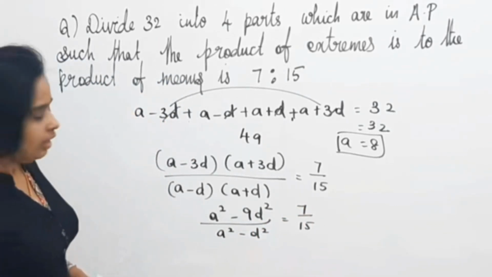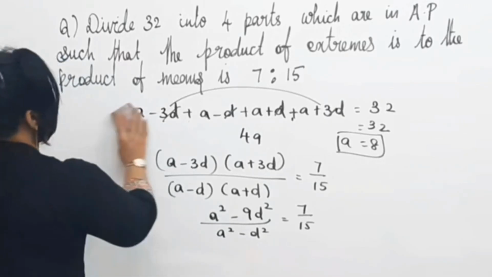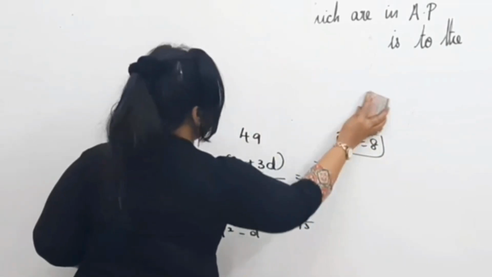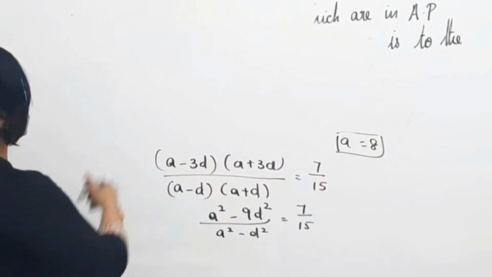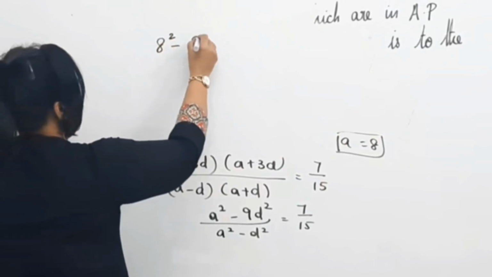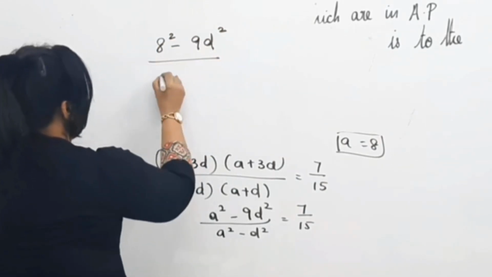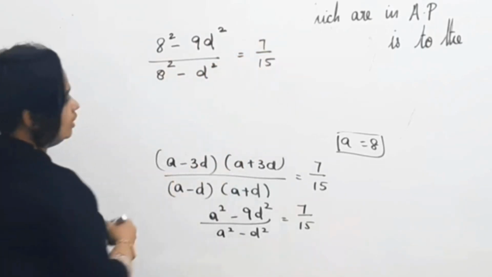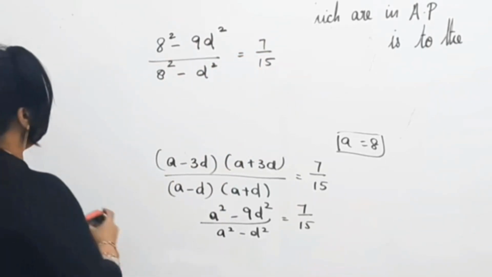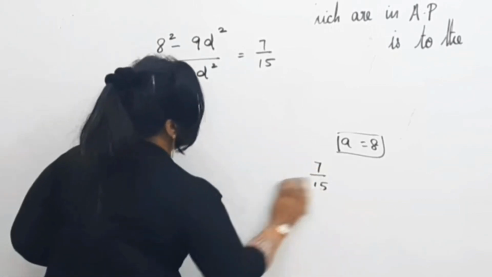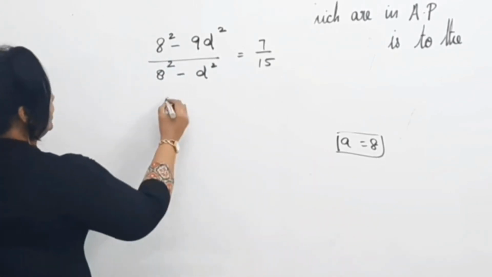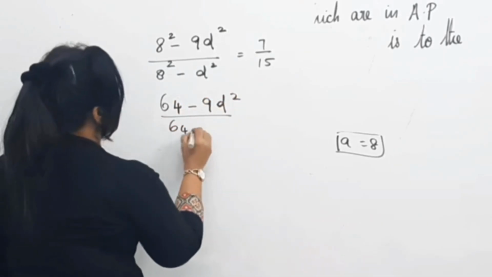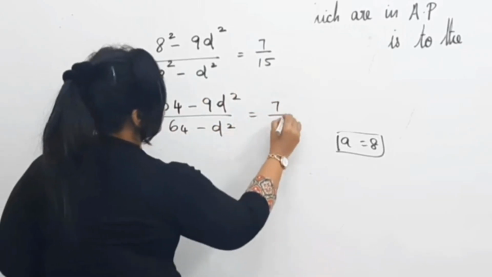Now I would substitute my a value here. The a value becomes 8 here. So I substitute a is 8. So 8 squared minus 9d square divided by 8 square minus d square is equal to 7 by 15. So I will have my 8 square, which is equal to 64, minus 9d square divided by 64 minus d square is equal to 7 by 15.